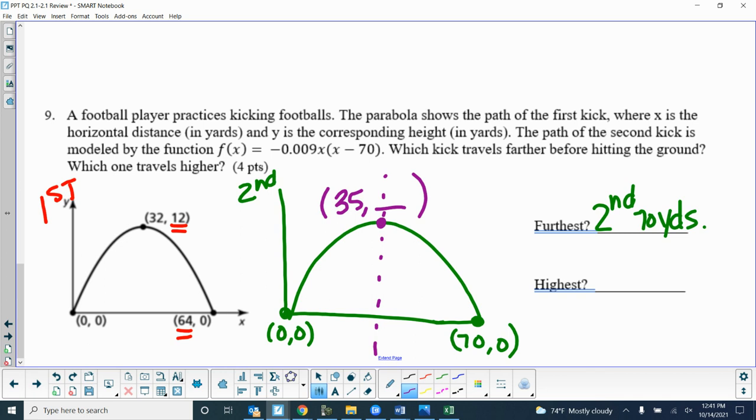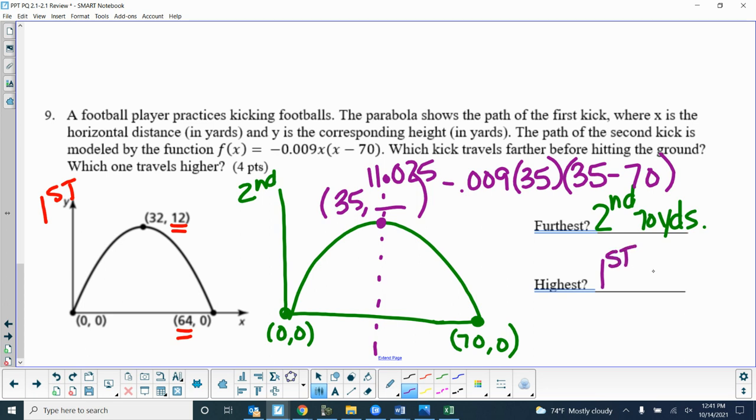So negative 0.009 times 35 times 35 minus 70. That comes out to 11.025. So, which one went higher, first or second? First, because it went 12 yards. The other one just went a little over 11 yards.